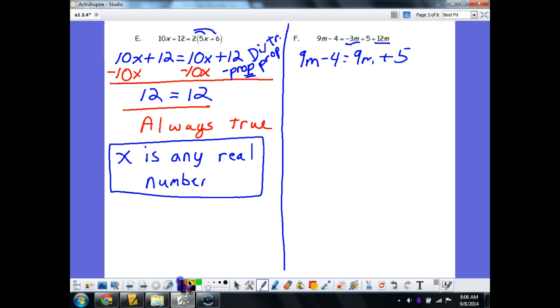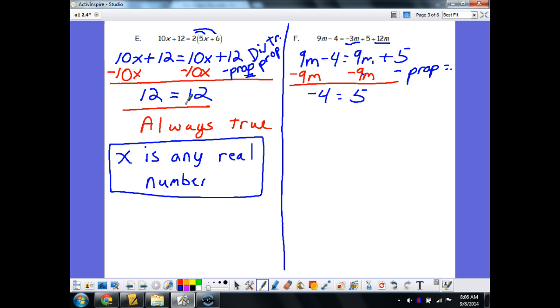Now we want to get the m's on the same side by subtracting 9m from both sides. Again, that is the subtraction property of equality. So the m's cancel here, the m's also cancel here, and we are left with negative 4 is equal to 5. Once again, just like in the previous example, we end up with a constant equal to a constant.